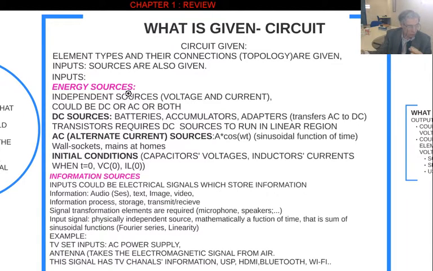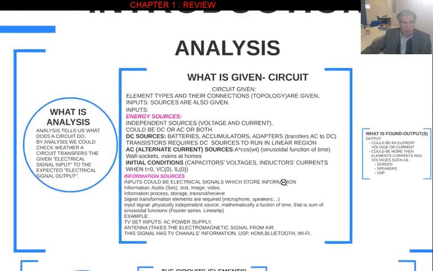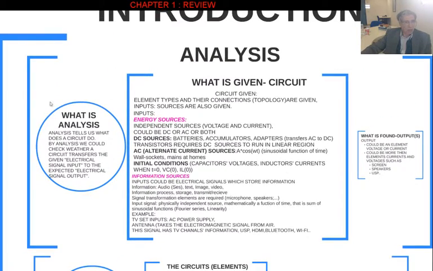So you plug your TV into the wall, that means you made the energy source connection, and you connect the antenna output to your TV, that means you applied an information source to your TV. So we are talking about these two different types of inputs that we could use in electrical devices. These sources should also be given to you when the circuit is given. So what we have done here is we said what analysis is.